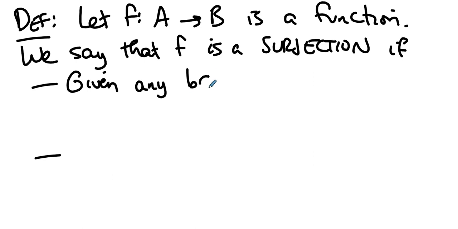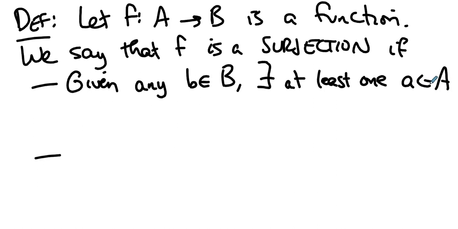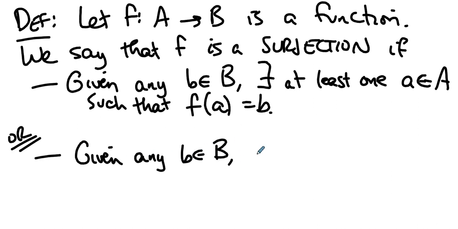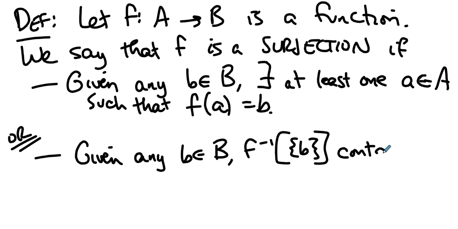Given any b in set B, there exists at least one a in set A such that f of a is b. Or, given any b in set B, the preimage of the set containing b contains at least one element.